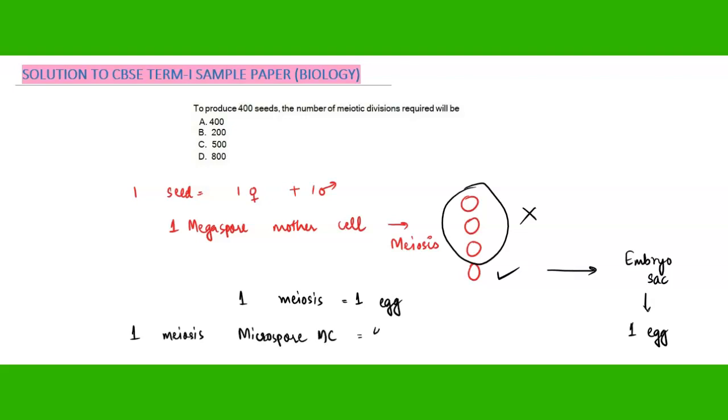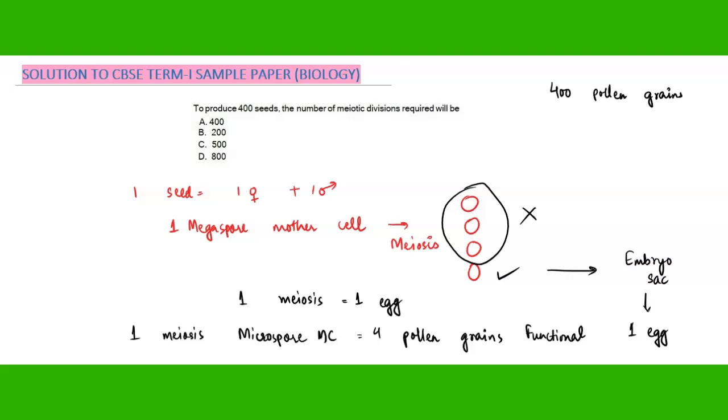Whereas one meiosis in the microspore mother cell will form 4 pollen grains. That means one meiotic division results in 4 pollen grains, and all of them will be functional. So for 400 seeds, how many pollen grains would we require? 400 pollen grains.